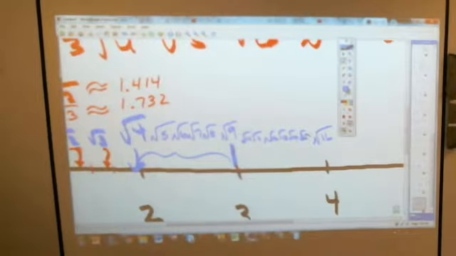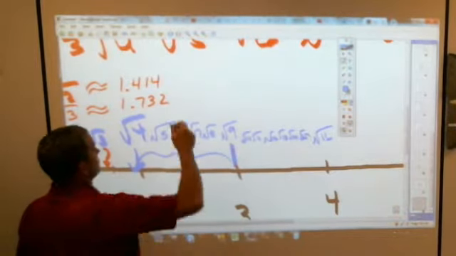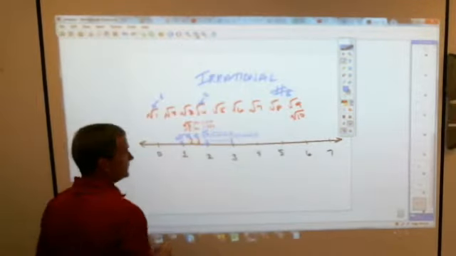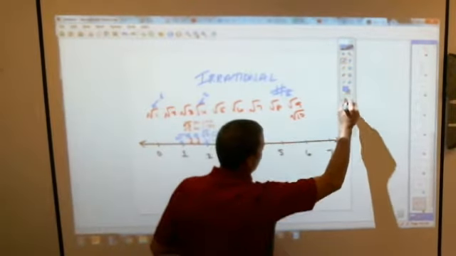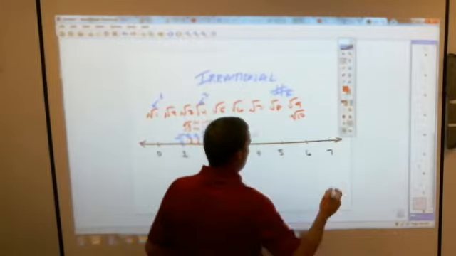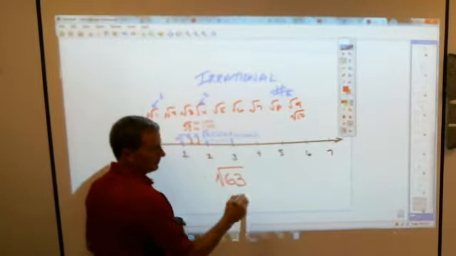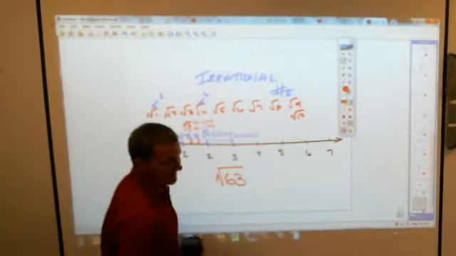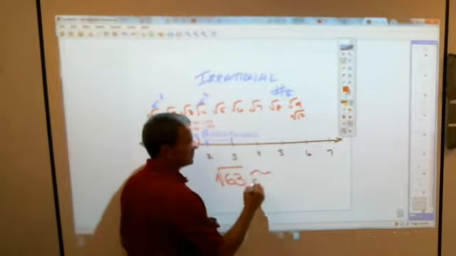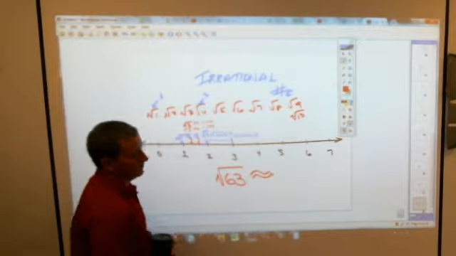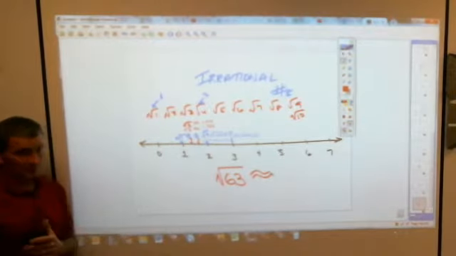You should, children, at your 7th grade level here, if I gave you the square root of 63, be able to give me at least a decent approximation to that, or at least what numbers it has to fall between. How about that?